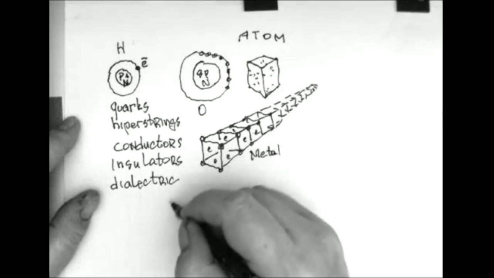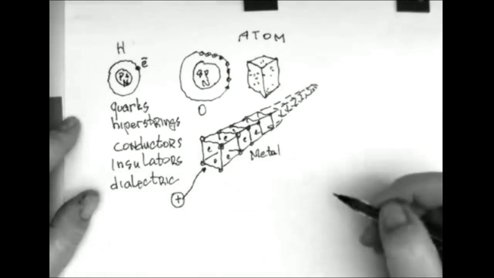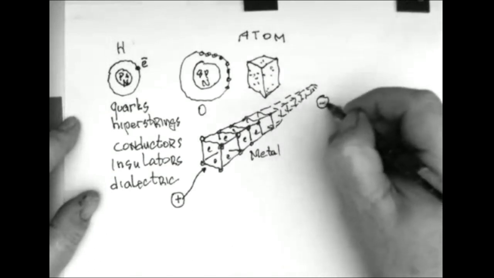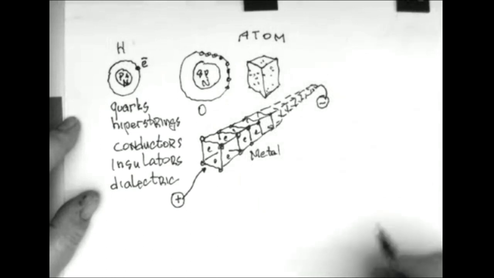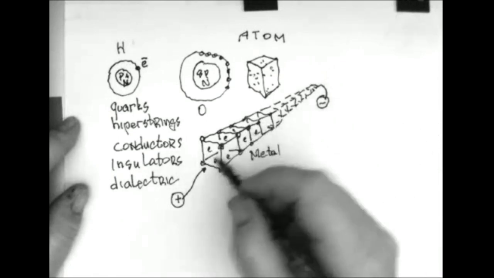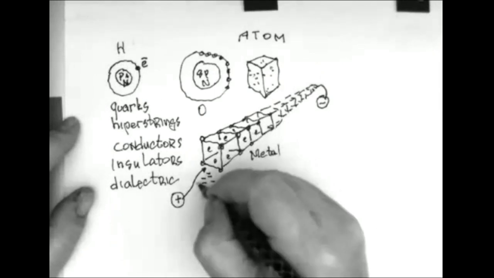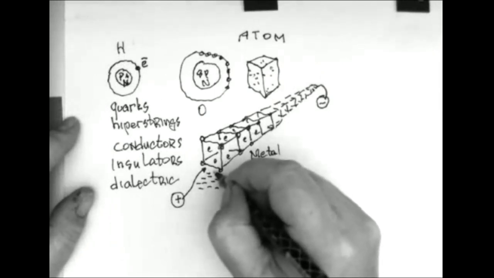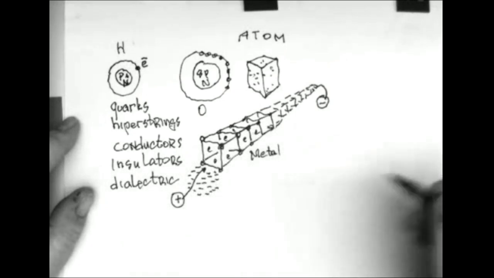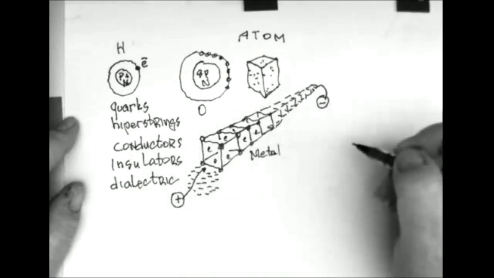So if I take a positive charge and connect to this end of the lattice and take a negative charge and connect to the other end of the lattice, electrons will start moving and the concentration of electrons will be on the positive end. I'll put minus, minus, minus, minus here, because minus means negatively charged particles. They will be concentrated in this end.